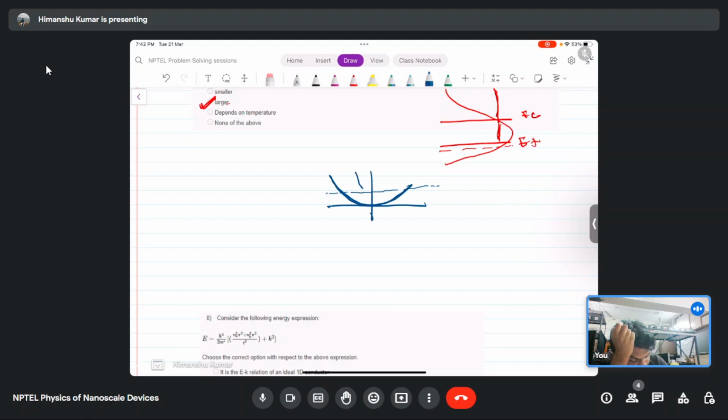If your valley is narrow, then you have a very small number of sites within this valley. And if you have a flat or very small curvature, then the number of electrons will be larger actually.